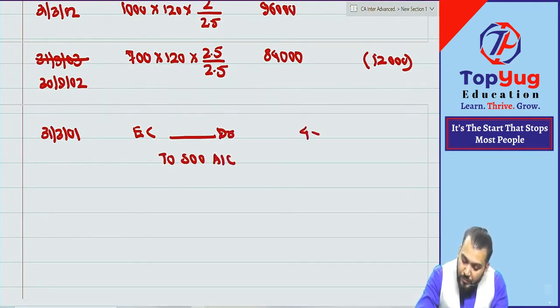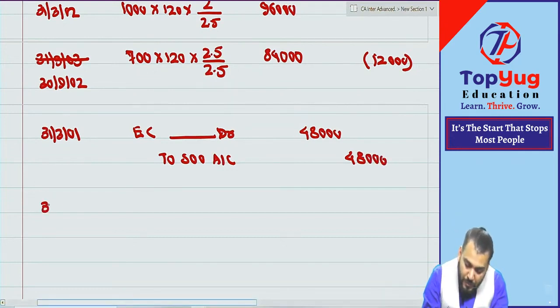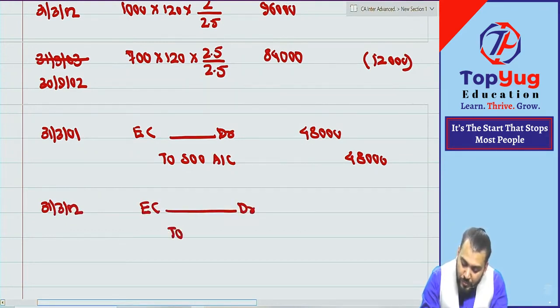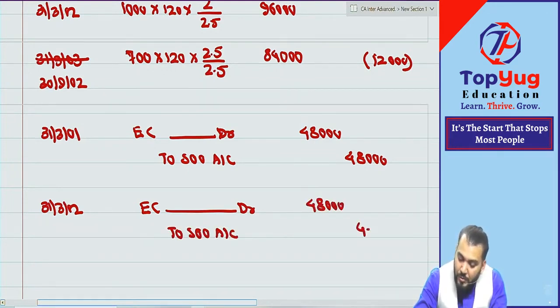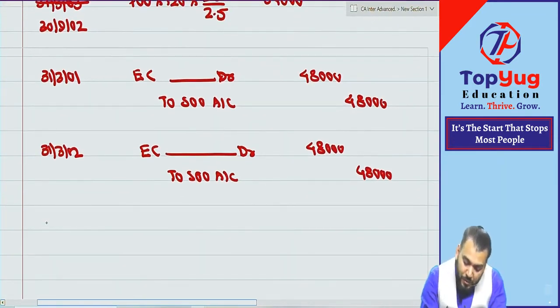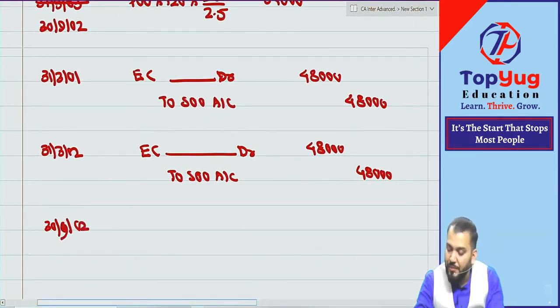How much? 48,000. 31st March 2002: employee compensation to stock option outstanding account, 48,000. My question to you all: what journal entry on 30th September 2002? This is the third year.